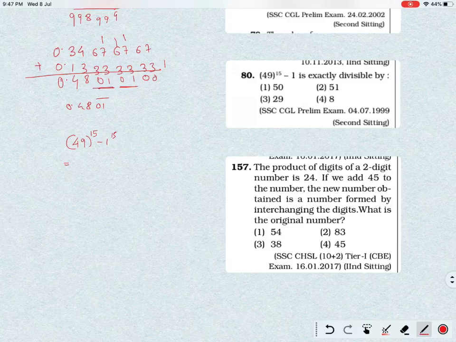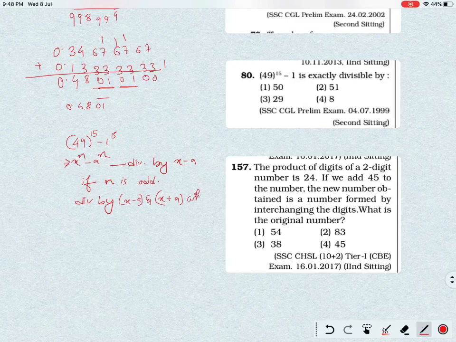Okay, 49 to the power 15 minus 1 to the power 15. It is of the form x to the power n minus a to the power n. This form is divisible by x minus a if n is odd, and divisible by x minus a and x plus a when n is even.